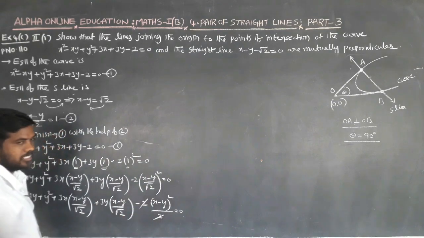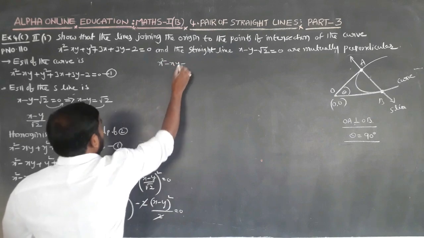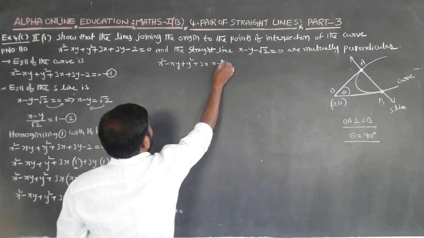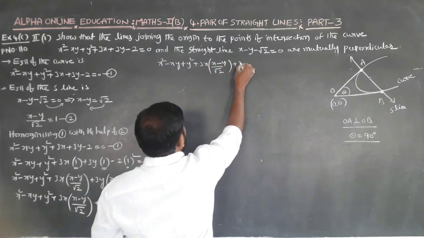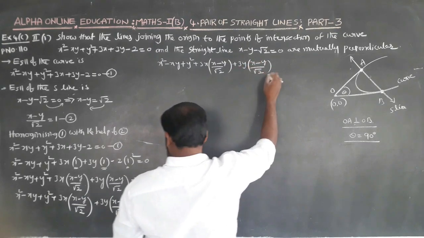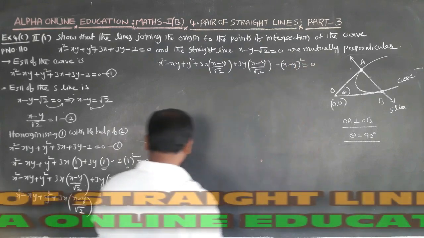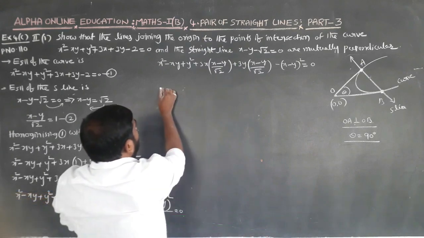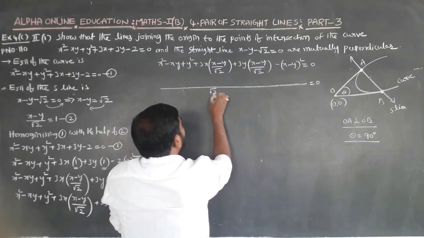The 2s cancel. So x square minus xy plus y square plus 3x into x minus y by root 2 plus 3y into x minus y by root 2 minus x minus y whole square is equal to 0. Here taking the LCM, root 2 is the LCM.